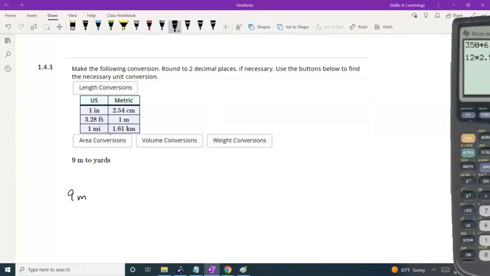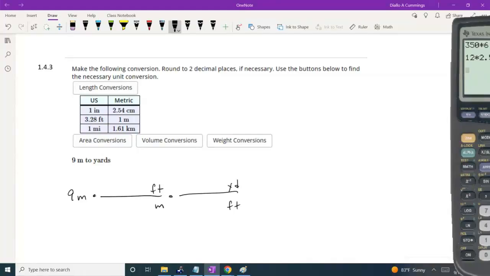So I'm going to write this out as 9 meters. Using my conversion chart, I can convert meter to foot. And for my second unit fraction, I can convert feet to yard. So I must use 2 unit fractions.